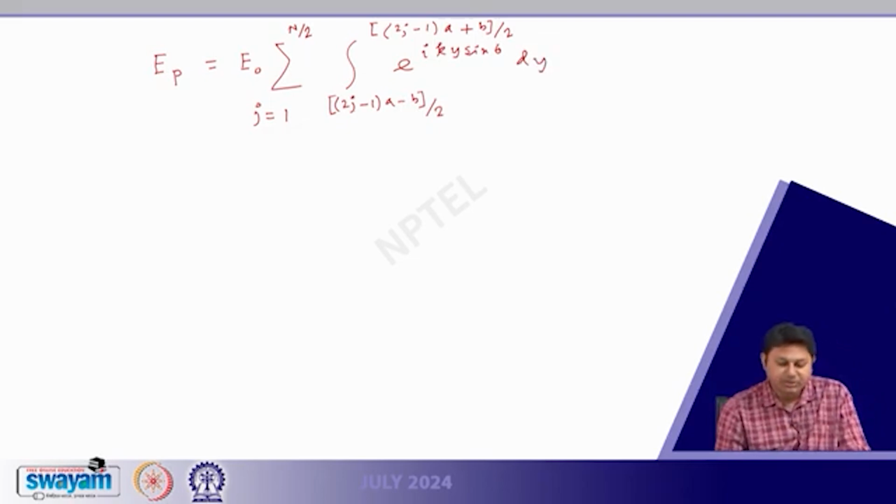This is the contribution of the dy, and I add all the contribution plus the lowest side also.